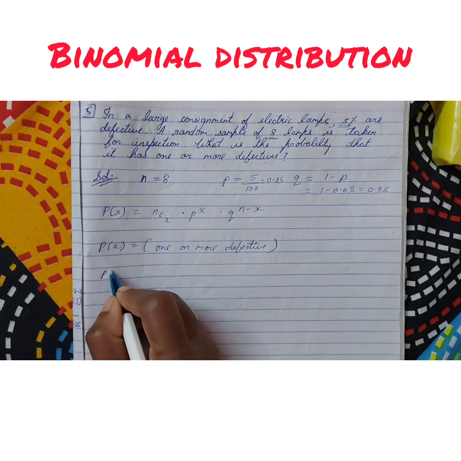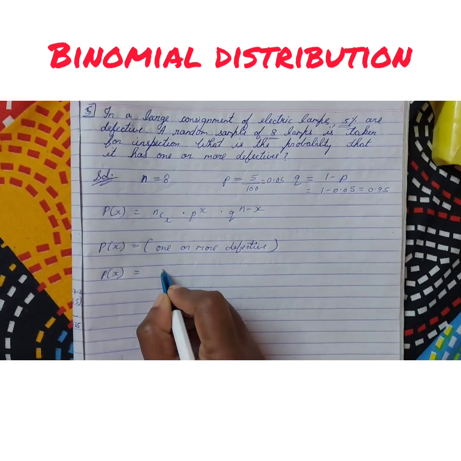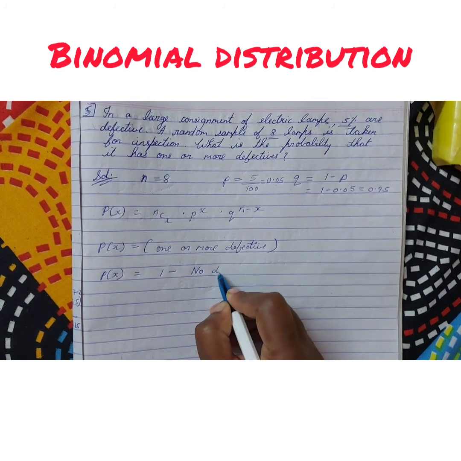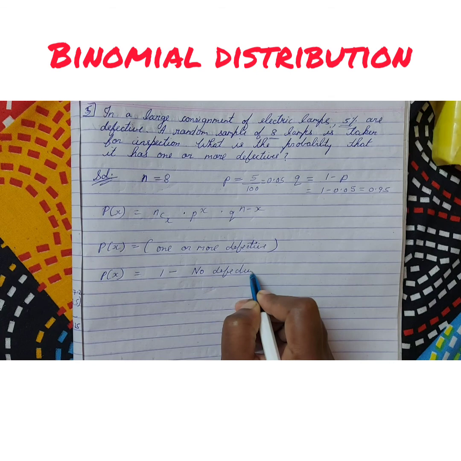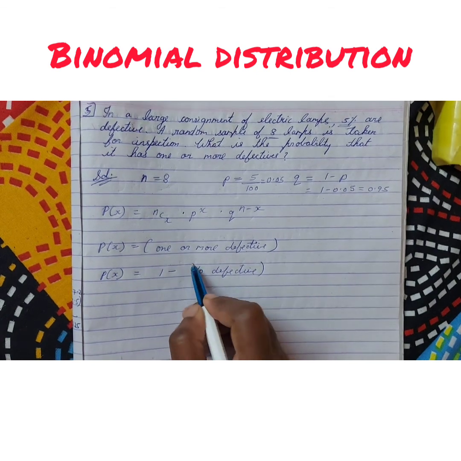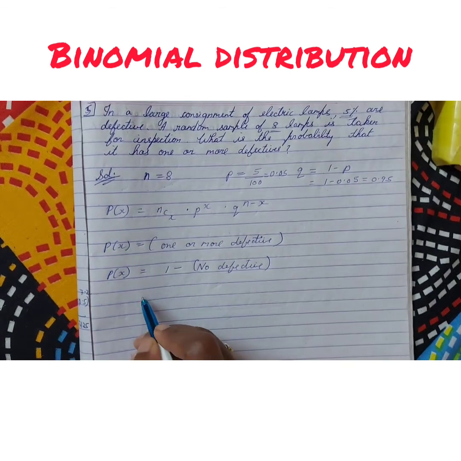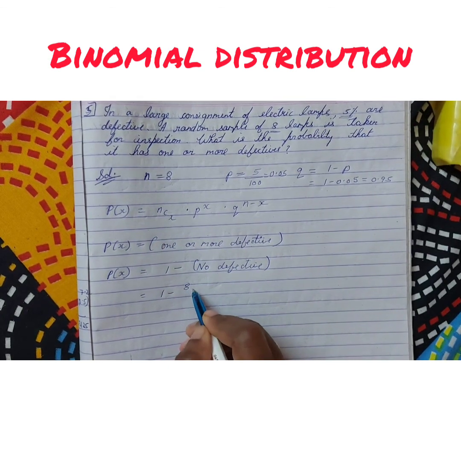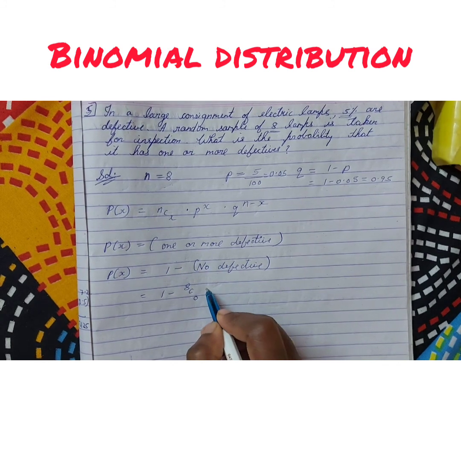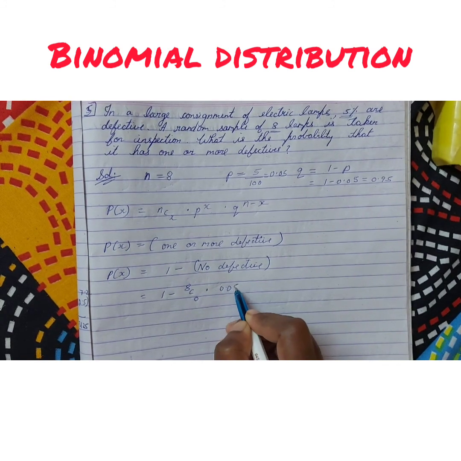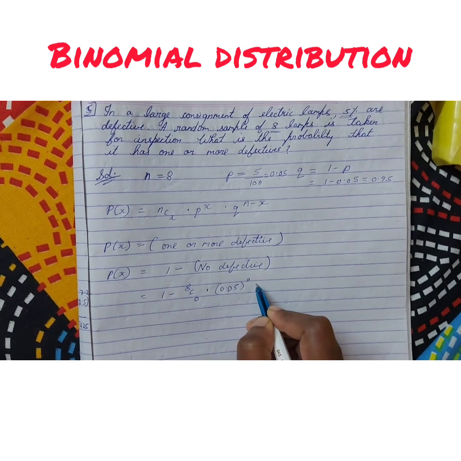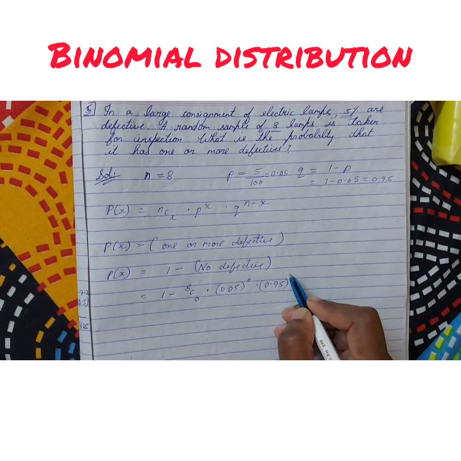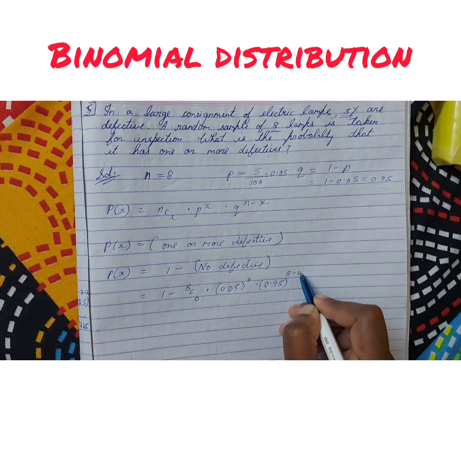we have to use the complement method. Probability of x is equal to 1 minus no defective. So what will be my probability? 1 minus, as per formula, 8C0 into 0.05 raised to 0 into 0.95 raised to n minus x, which is 8 minus 0.